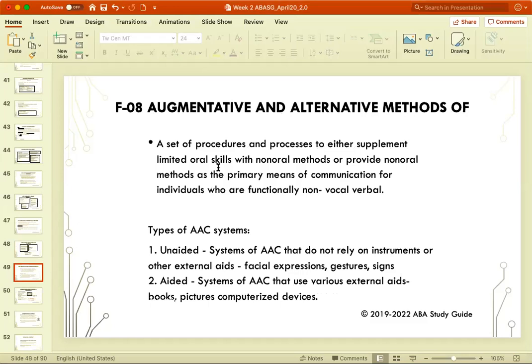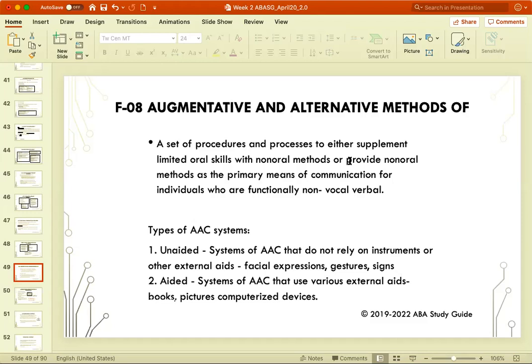AACs, augmentative and alternative communication, are a set of procedures and processes to either supplement limited oral skills with non-oral methods or provide non-oral methods as a primary means. So people often think about AACs just as iPads or different kinds of alternative communication like Dynavox and stuff like that. Your AACs are just any sort of procedures or processes to supplement or replace vocal communication, or in this case, oral methods.